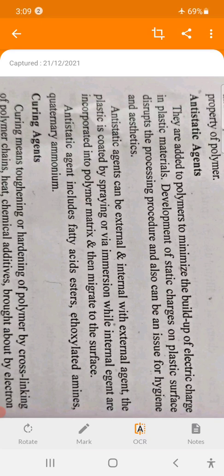Antistatic agents include fatty acids, esters, ethoxylates, amines, and quaternary ammonium compounds. They are used to remove the static charges developed on the surface of polymers.